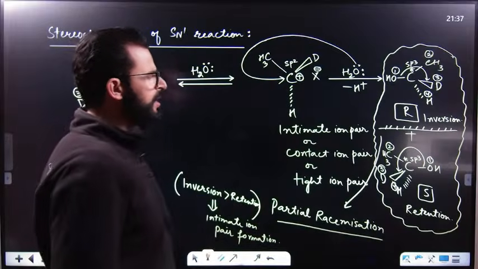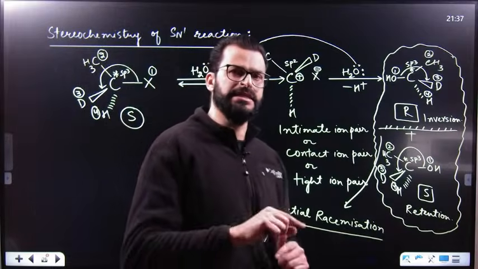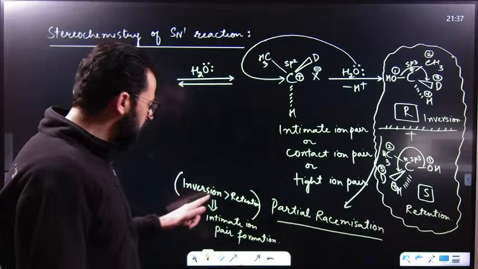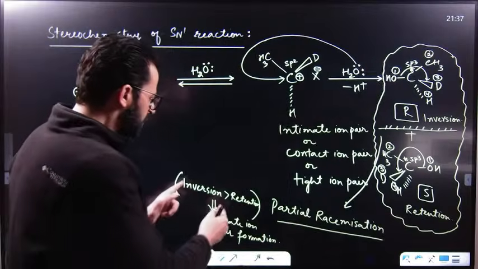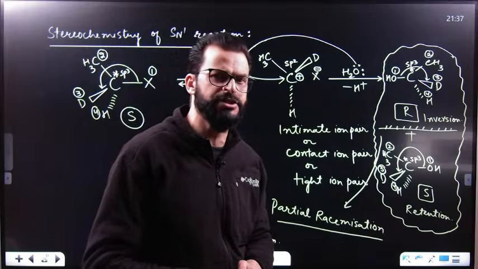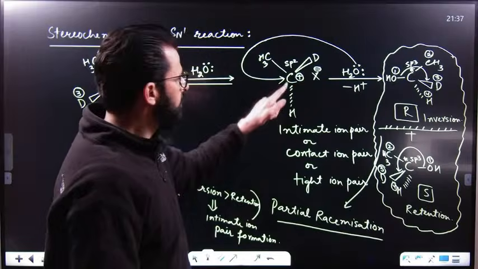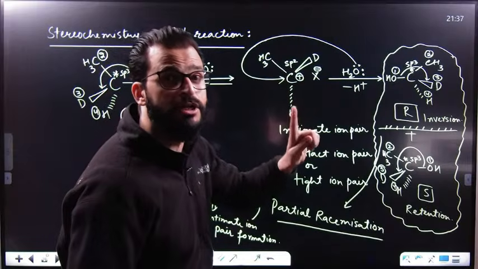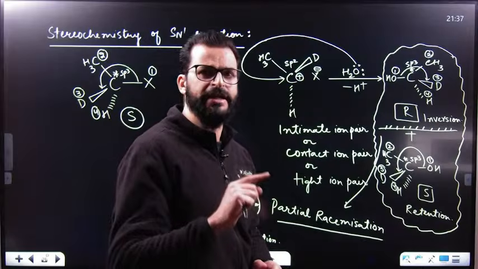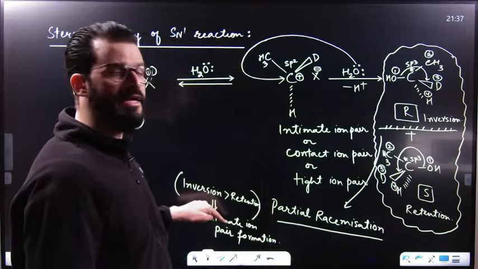Now tell me, if I want to increase racemization, what does that mean? That means I want to decrease inversion, so that retention and inversion become almost equal. At what time do retention and inversion become almost equal? If the ion pair is not intimate, if the ion pair is solvated, at that time chances of racemization will be more.